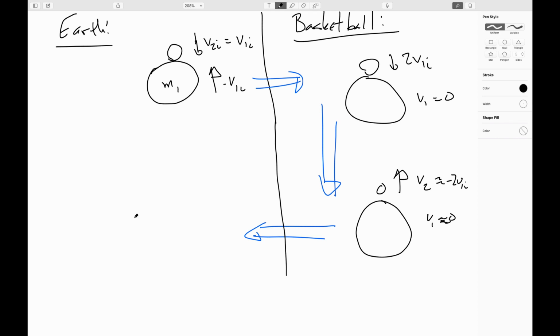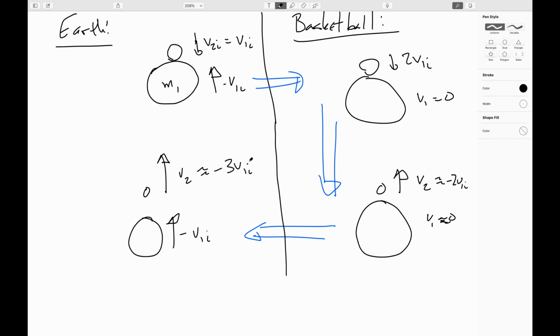So the observer on the Earth is saying, hey, this is going up at minus v1 initial, right? And we know, looking over here, this is leaving at 2v1 initial versus this. So in order to maintain that rate of separation, this has to be flying up at v2, to an observer on the surface of the Earth, at about negative 3 v1 initial.